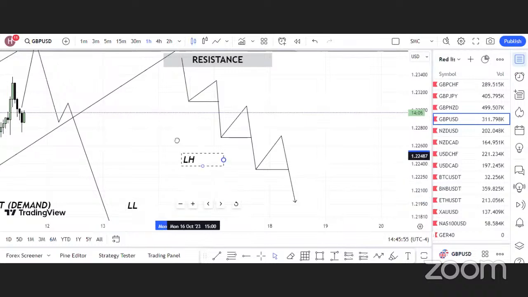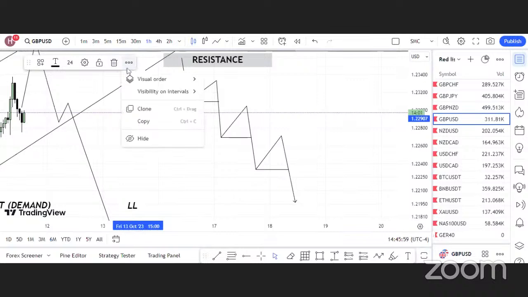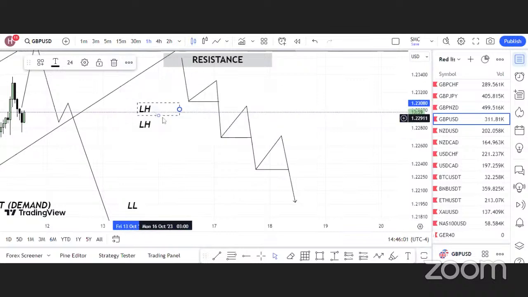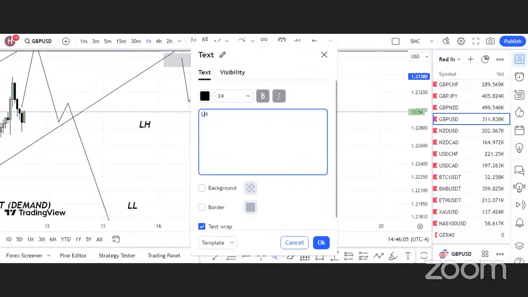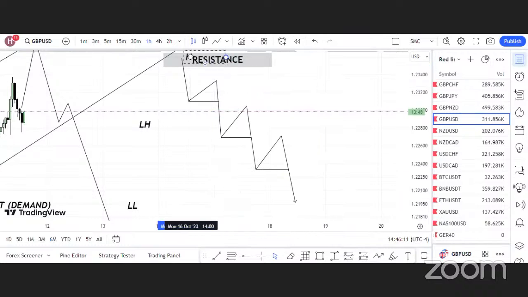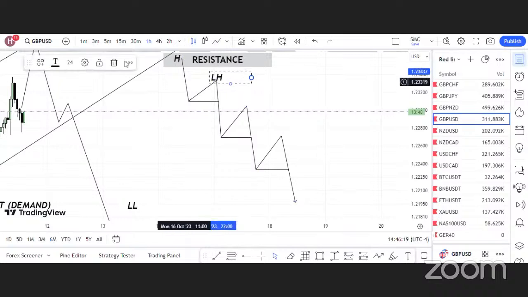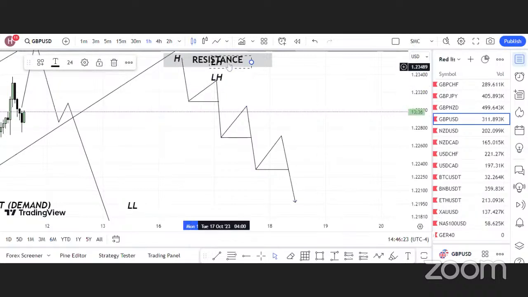So let's clone this. But before, we have a high, just like our previous example where we have a low. This is the first high that was created. Then we have a lower high.